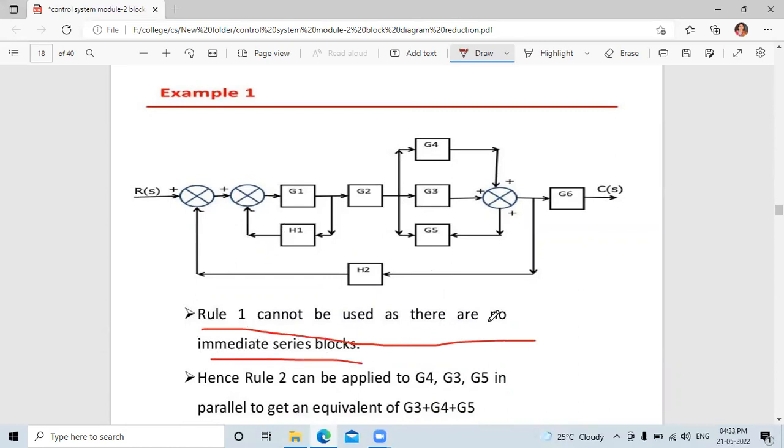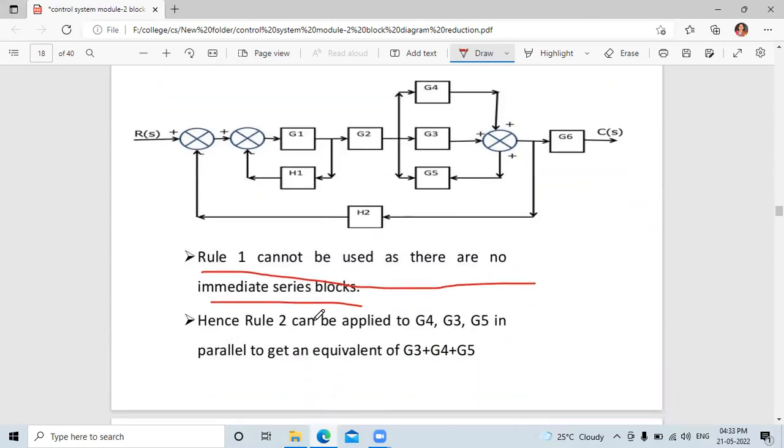The next preference is parallel, so rule 2 can be applied to G4, G3, G5. You observe the direction is the same.